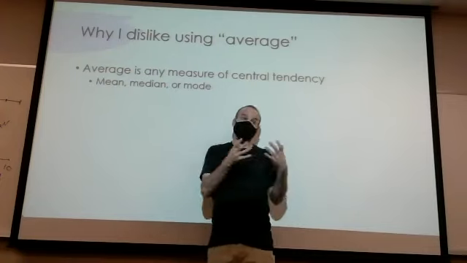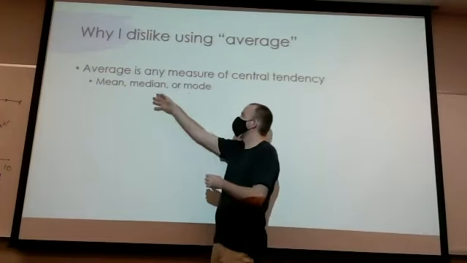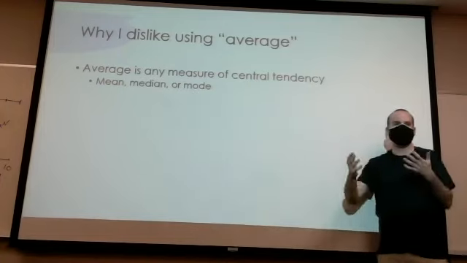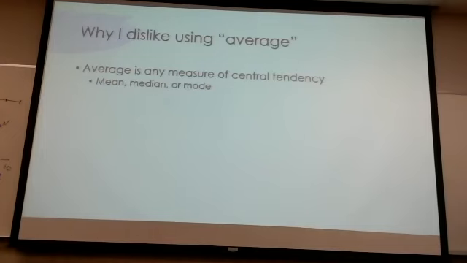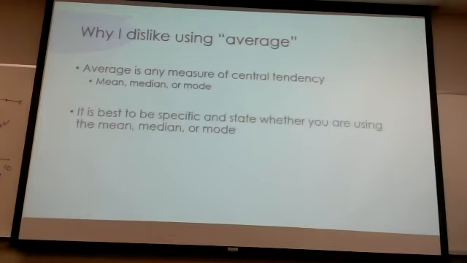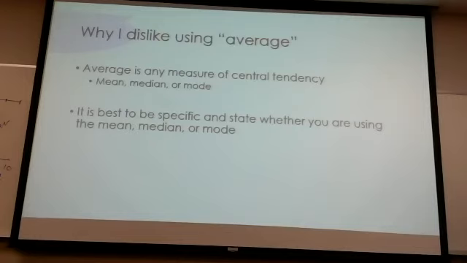That's the most common usage, but it could rightfully mean that they calculated the median or the mode. And of course, those are very different things. So that's why I don't like using average, and it always bothers me that that's what Excel calls that function. So it's best to say whether you're using the mean, the median, or the mode, and not just generalize and say you used the average.